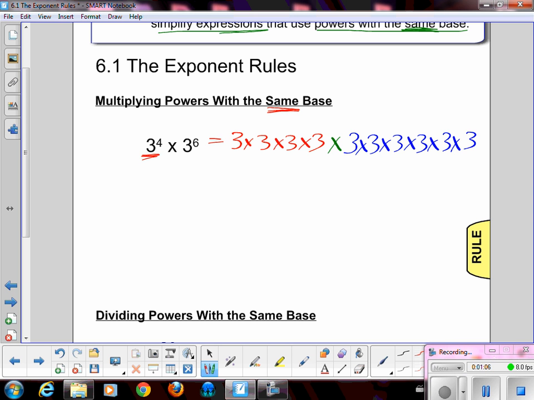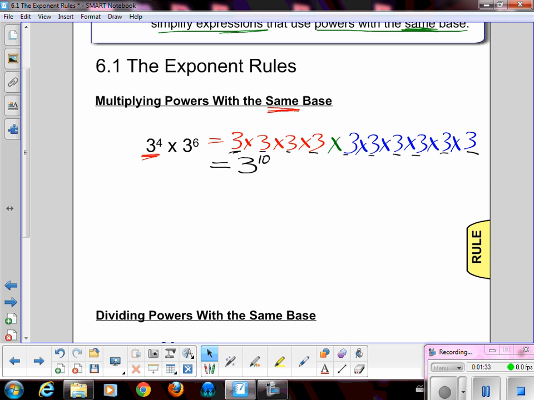Now, the reason we have exponent rules is obviously if I had to type that into my calculator 10 times, I'm going to probably make a mistake and forget one of them. Exponents mean the same base multiplied by itself so many times. So 1, 2, 3, 4, 5, 6, 7, 8, 9, 10, we know it's 3 to the 10th.